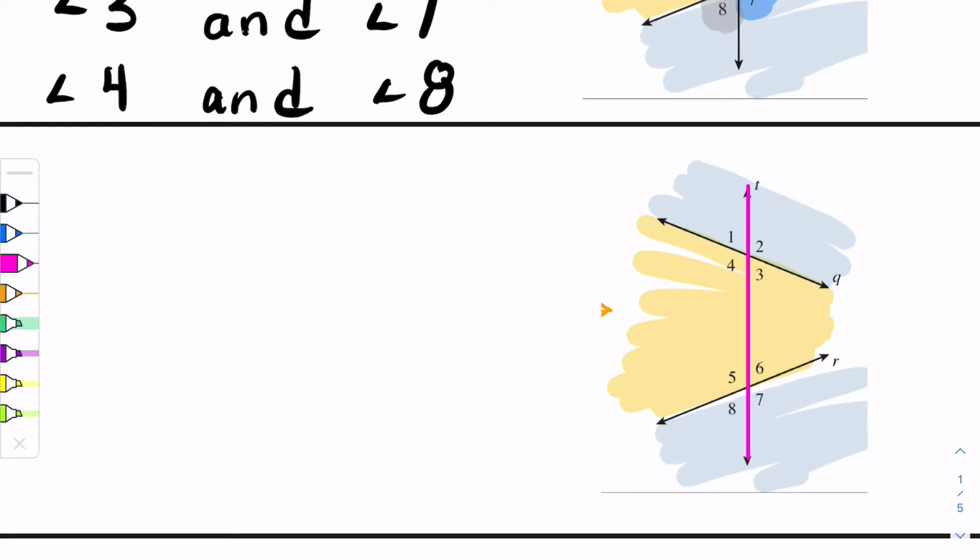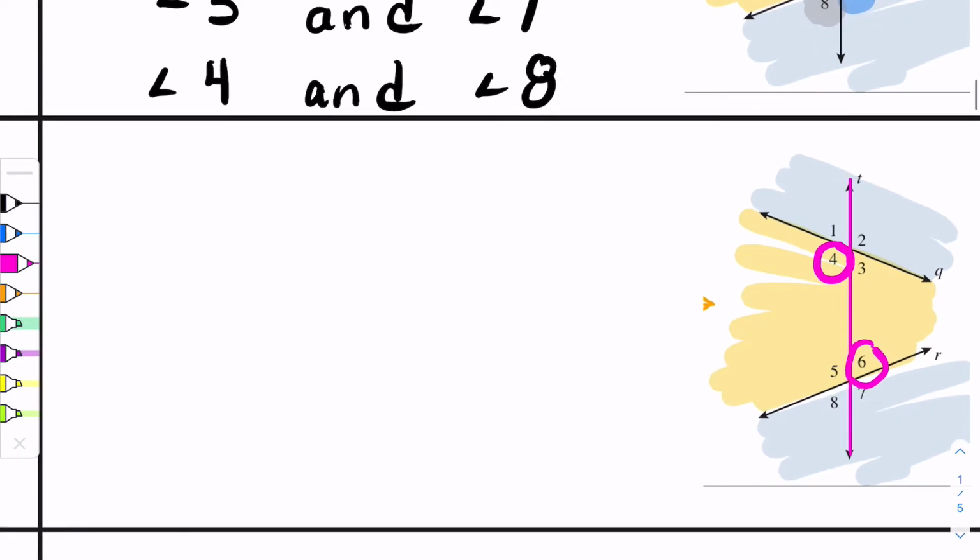Here's your transversal. So angles on opposite sides would be angle 4 and angle 6. Those are alternate interior angles. And there's only one other pair. It would be angle 3 and angle 5. So interior angles on opposite sides of the transversal.